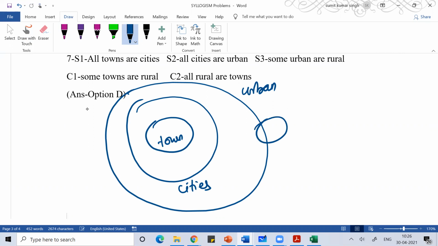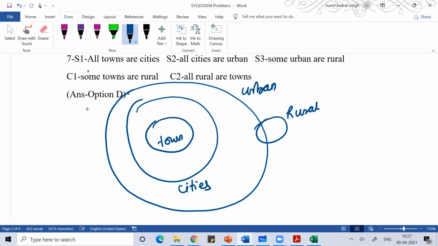The diagram can be like this. Some urban are rural. Then conclusion one is some town are rural.